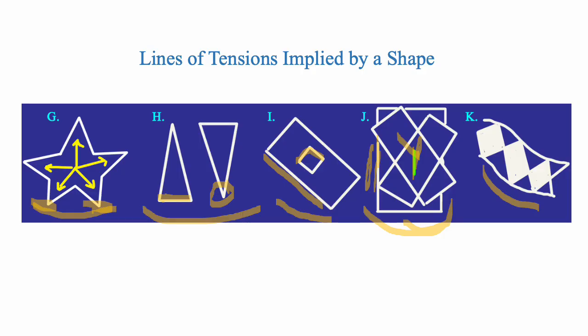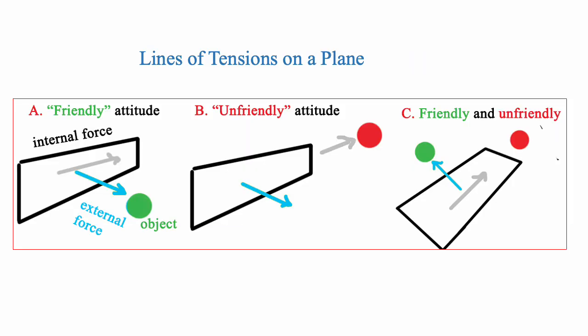A plane not only has internal forces, as we discussed with shapes, but it also has external ones, as I show here. And they're most powerful perpendicular to the surface. So this green object is placed so it is affected by external forces perpendicular to the plane. So it has a friendly attitude with the plane, like facing your body towards someone when you're speaking to them.